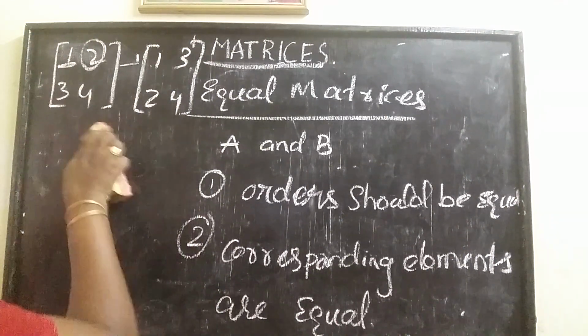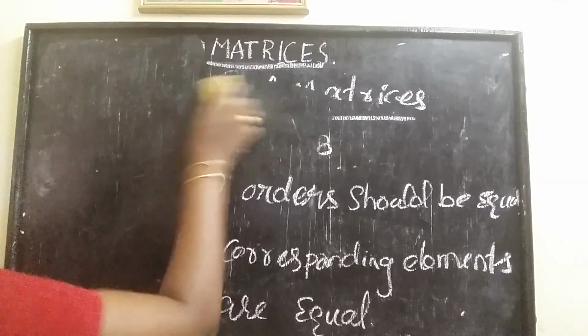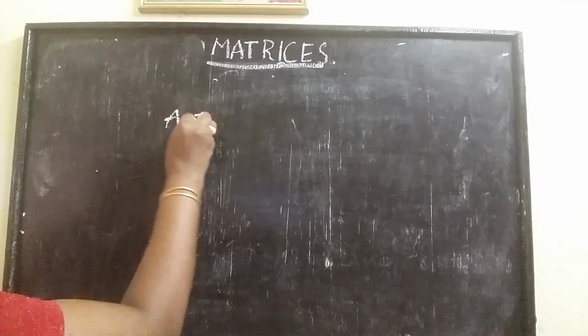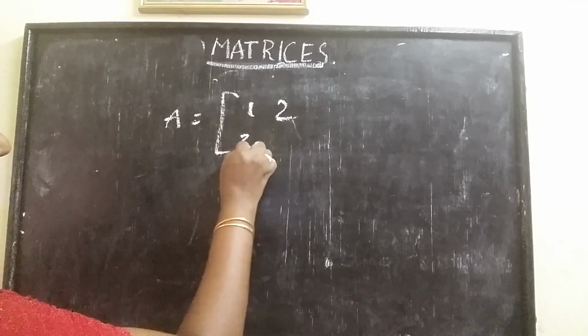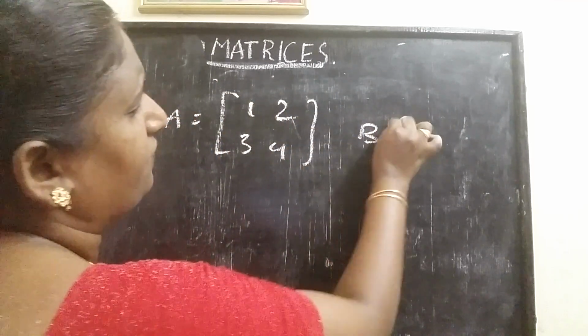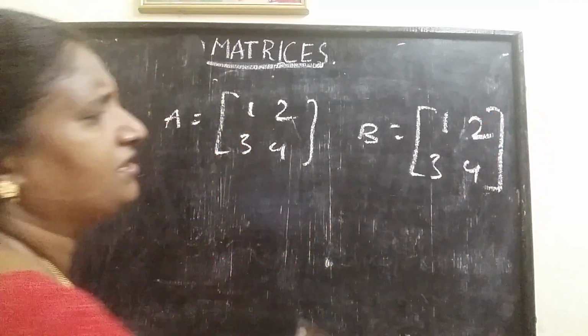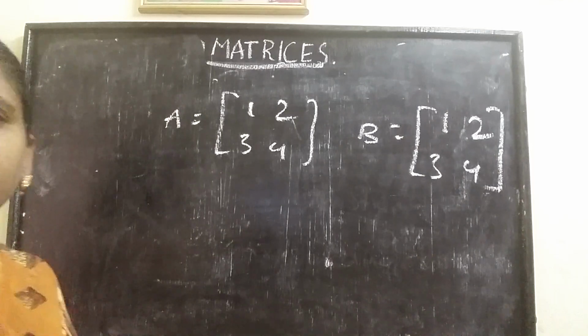When will these two matrices be equal? We have matrix A as 1, 2, 3, 4 and B matrix as 1, 2, 3, 4. Then only these two matrices are equal, because the corresponding elements are equal.